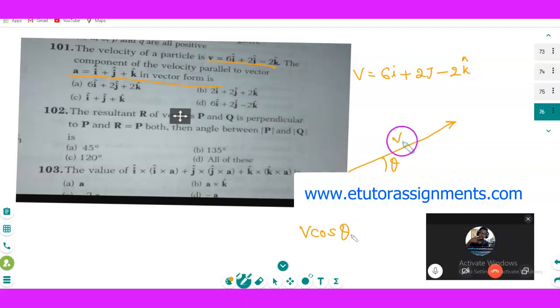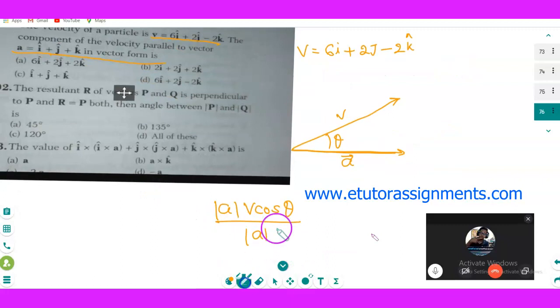If you multiply and divide by mod of A, what does it become? V dot A by mod of A. V dot A you have to calculate separately.